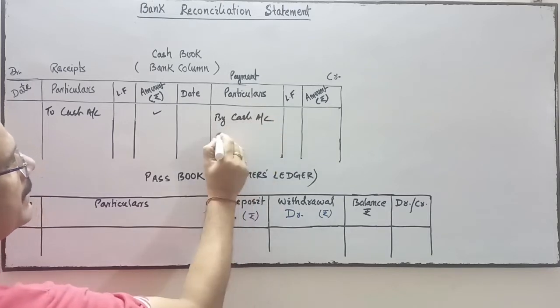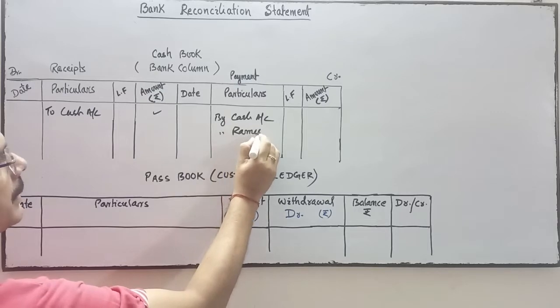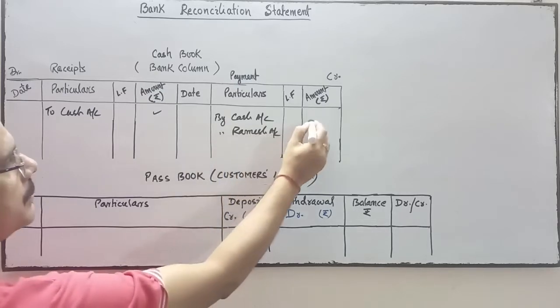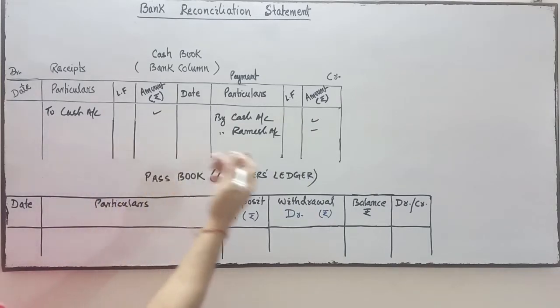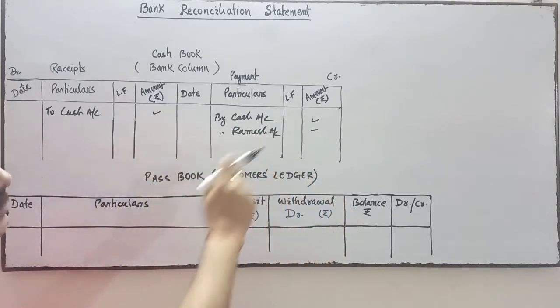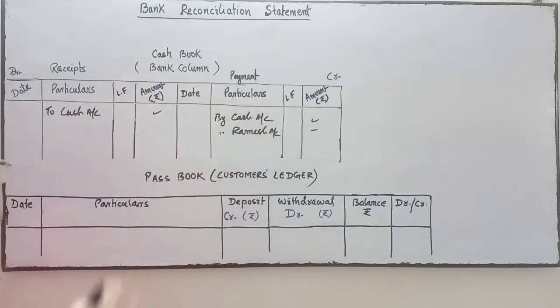Or when we have given a check to somebody else, suppose we have given the check to Ramesh, then we write by Ramesh account, and then we find out the balance of the cash book. Is it clear? This way we operate the cash book.